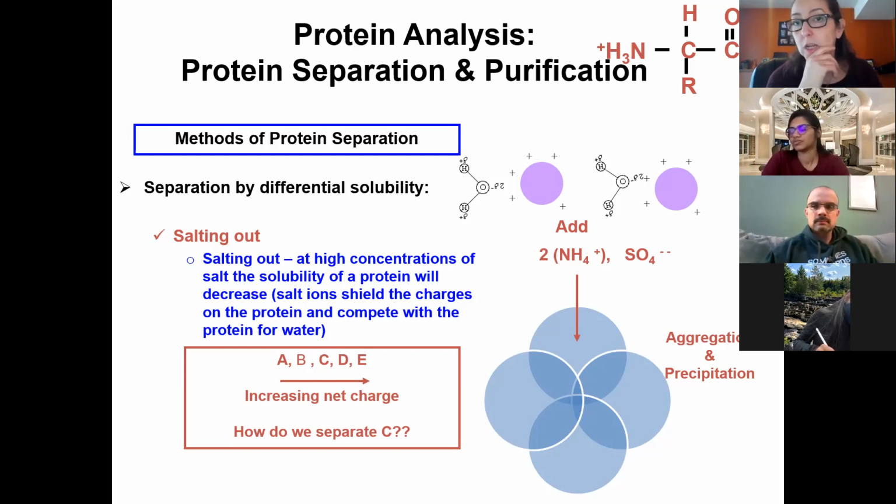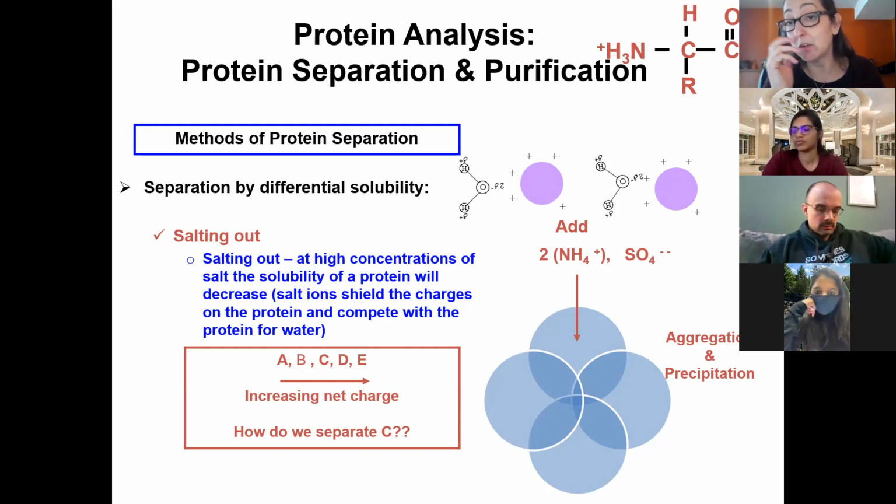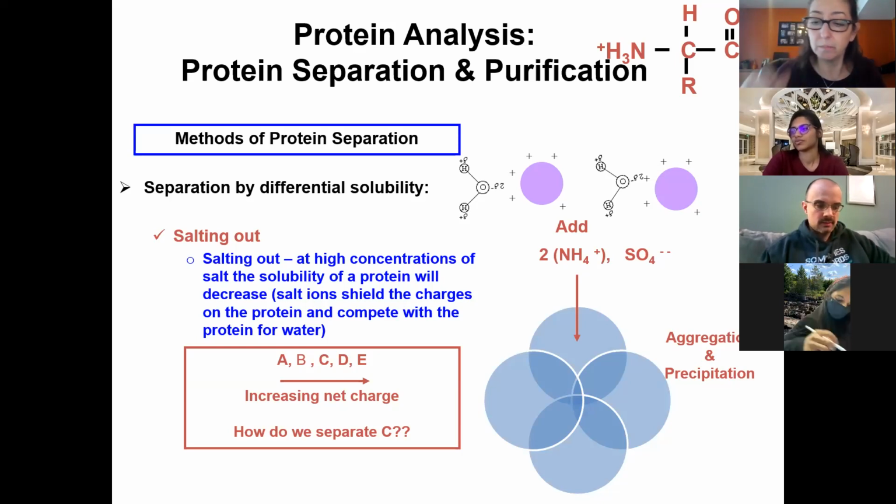So a lot of research, and luckily for us, it has been done for a lot of proteins. So there are established methods for many different types of proteins that help us isolate them. But there's always room for a new type of protein. We just have to study it and experiment a little to isolate it.